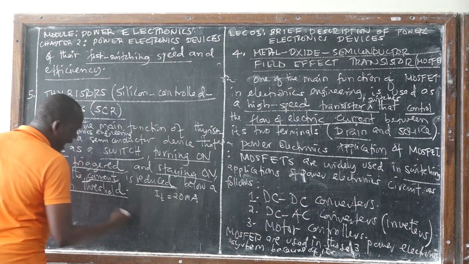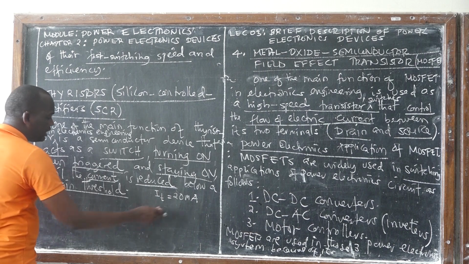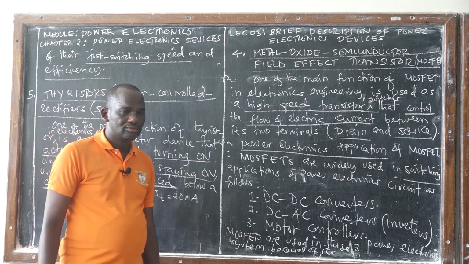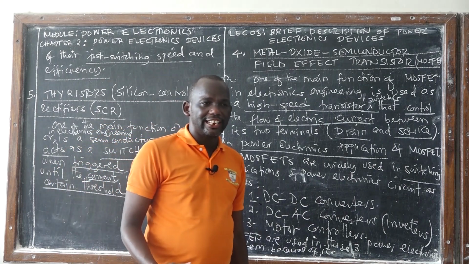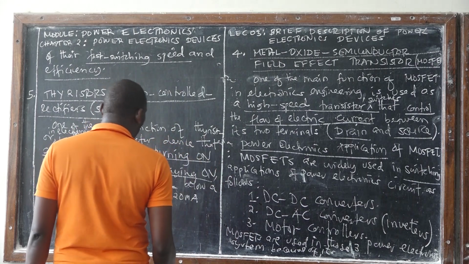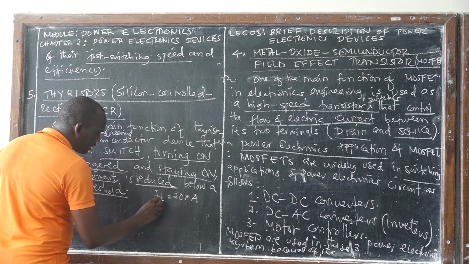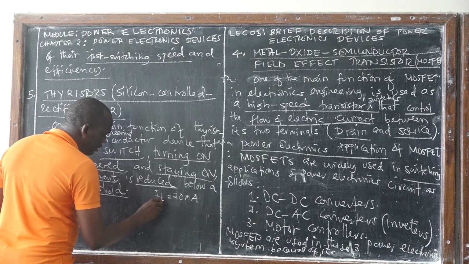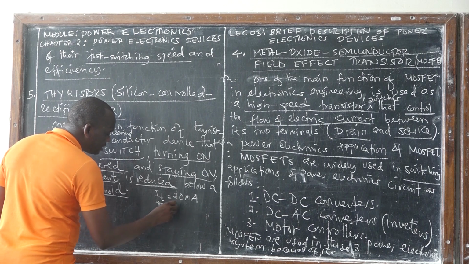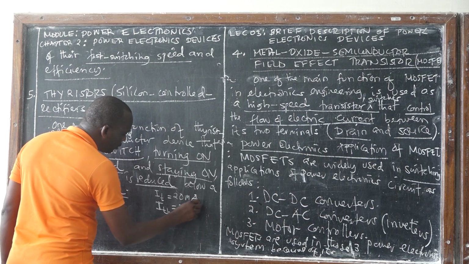So when a silicon controlled rectifier or thyristor is triggered by 20 milliampere, it can turn on. Suppose that the threshold current is 2 milliampere.